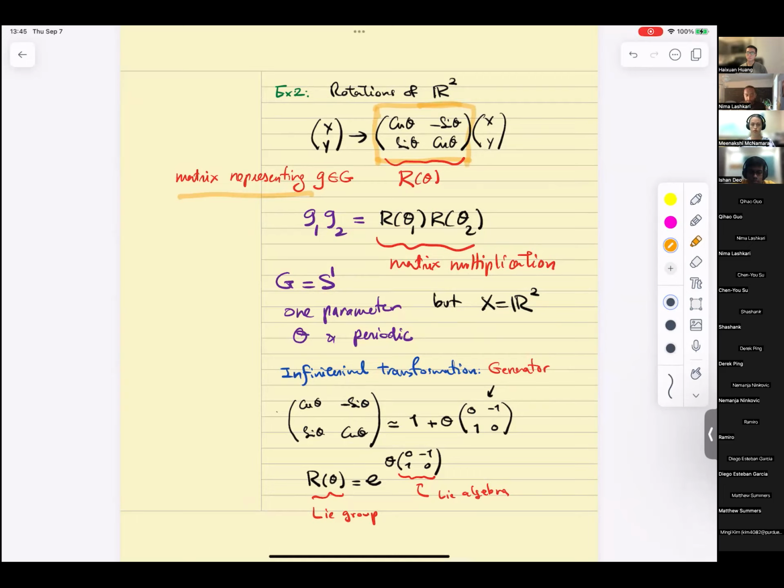Using matrices, and the composition action of the group is matrix multiplication. That's important. That's why I do this, right? So my group is still S1, still parameterized by an angle theta, rotation by angle theta, and the angle theta is mod 2 pi, right? However, the representation has dimension 2. It's 2 by 2 matrices acting on X.